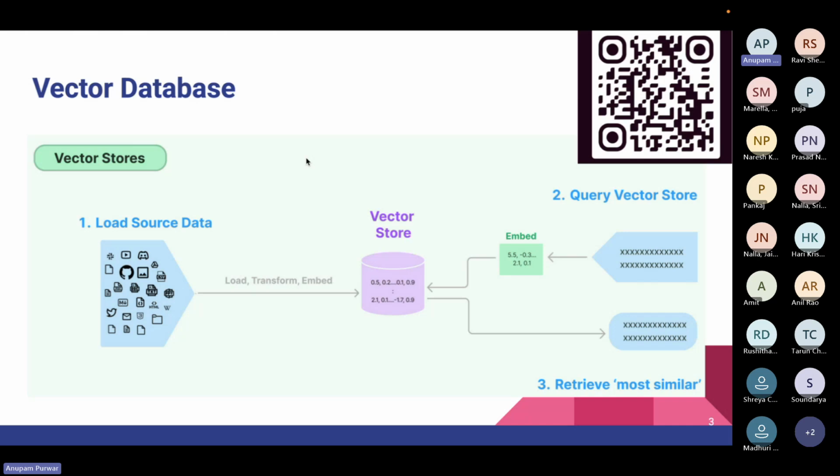So all the text that we have, say in a book, say Bhagavad Gita, we'll convert it into vectors and then store it into a vector database. Now we have stored. Now what will you do with this?